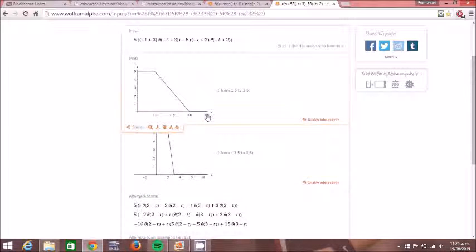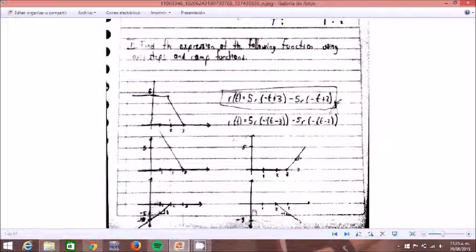It goes through the zeros, then in 3 goes up through 5, and then in the 2 it actually crosses in 5, and then in 5 it goes through the negatives.